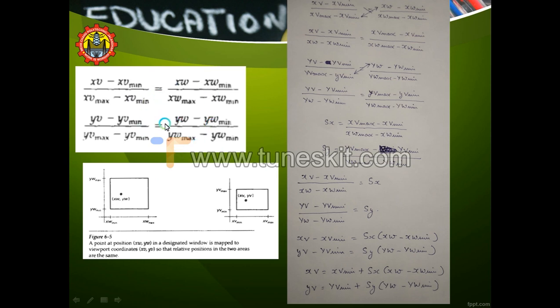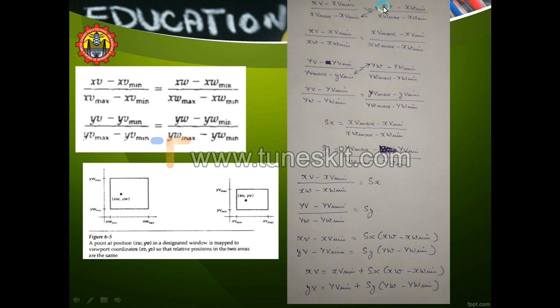Class, now see, we have derived this equation from this picture. Same, we write this x equation here. Now we want to interchange it. Maths allows us to interchange. XW goes to this side, XV max goes to this side. Class, clear in this equation?